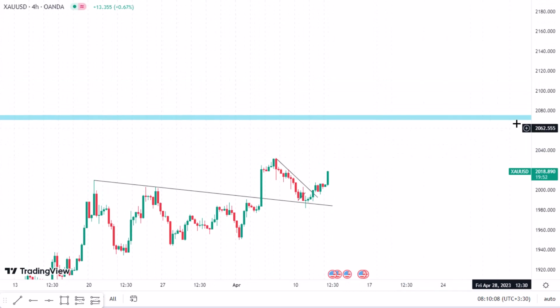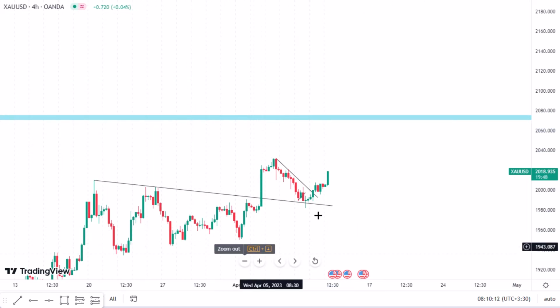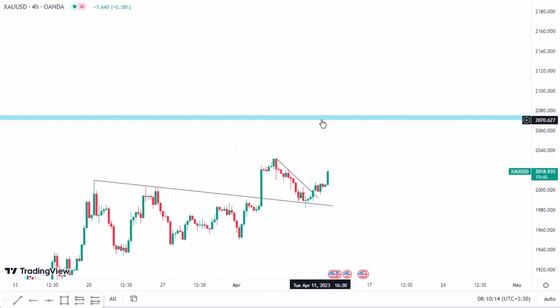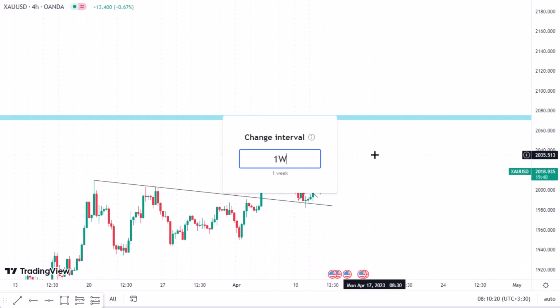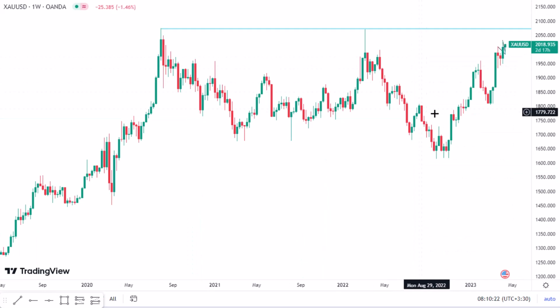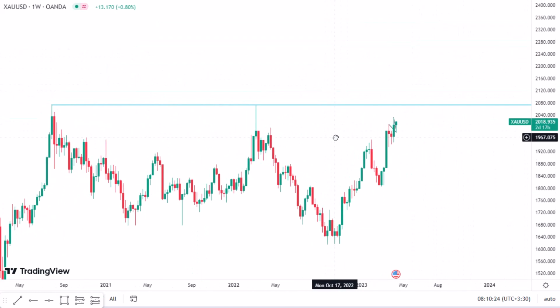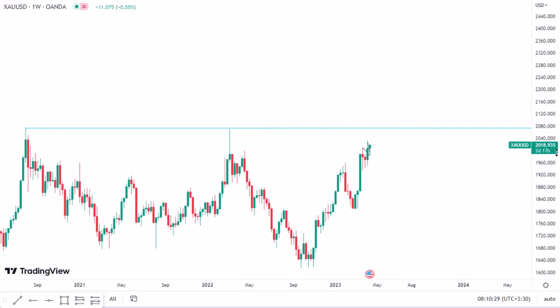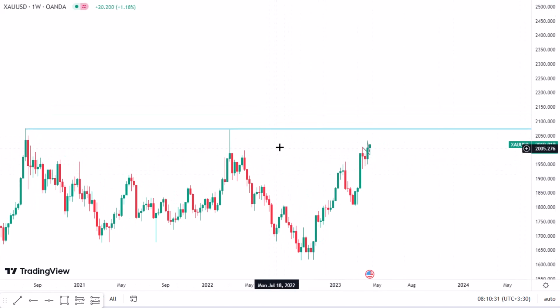But we also have a really strong resistance in front of the price at 2070 to 2075 on the weekly time frame. We've talked about it before, but we should mention it again because it is very important.